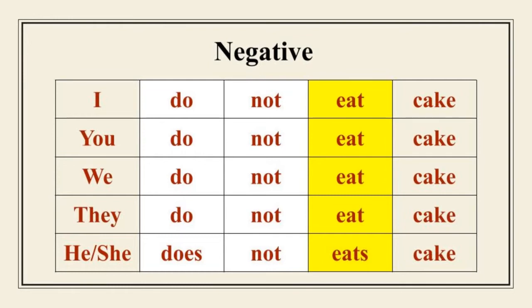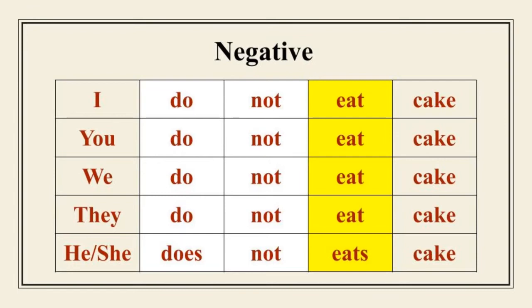The first one is the subject column, the second one is do or does, the third one is not, the fourth one is the verb column, and the last one is the object column. Look here, we have given subject as I, you, we, they, he or she, and the next column is do or does, that is the auxiliary verb.